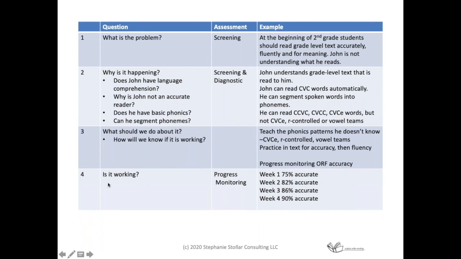So as we're working with John, we're continually asking over time, is it working? And we're reviewing that progress monitoring data to watch the accuracy score specifically. And if it's not going up fast enough, then that gives us an indication we might need to reconsider the instructional plan.